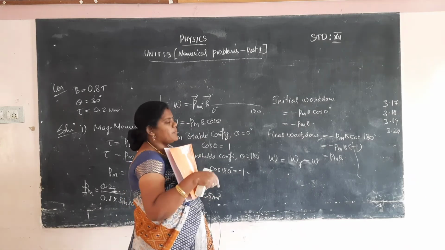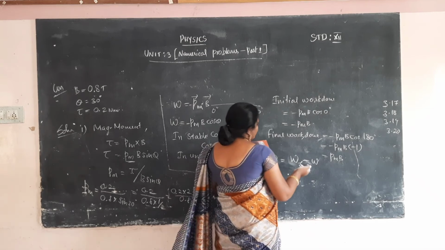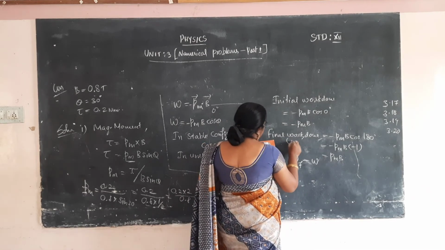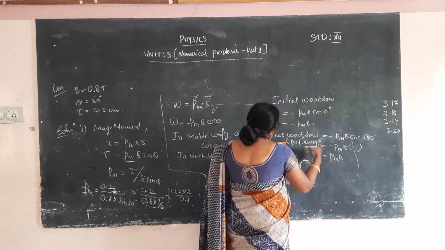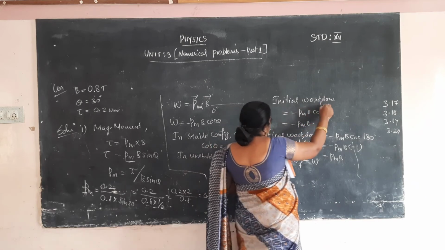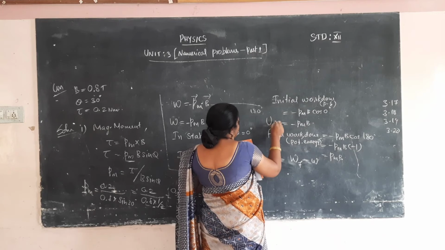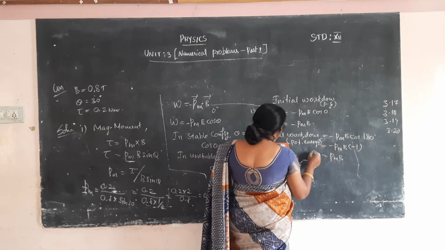So final potential energy minus initial potential energy is the correct term. The work done will be stored as a potential energy, so this is mentioned with the initial and final potential energy.